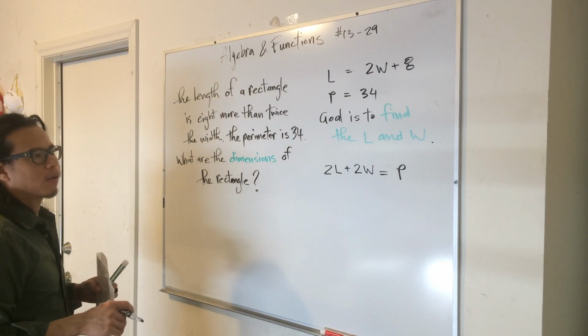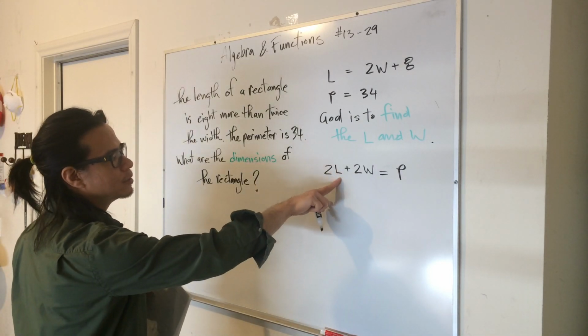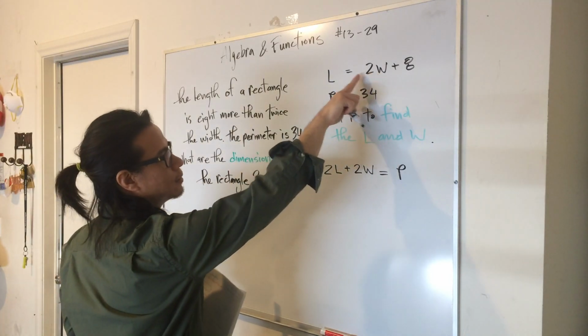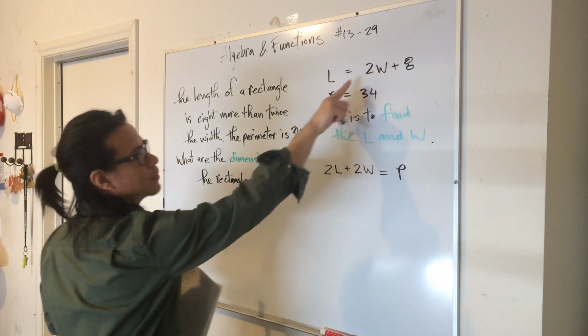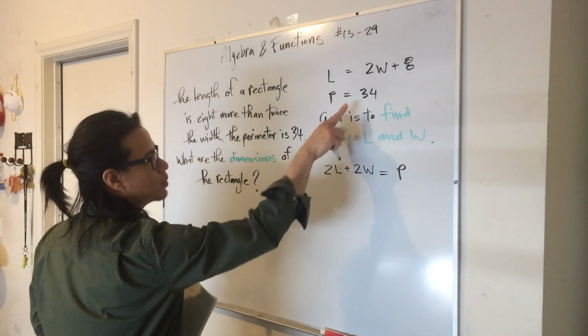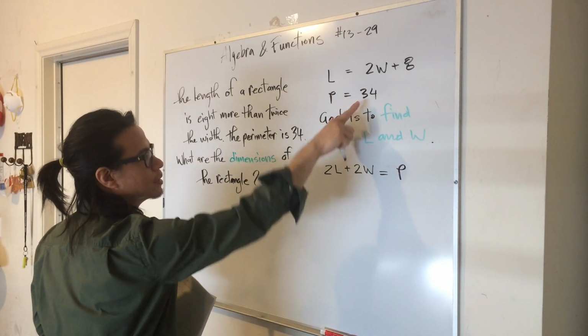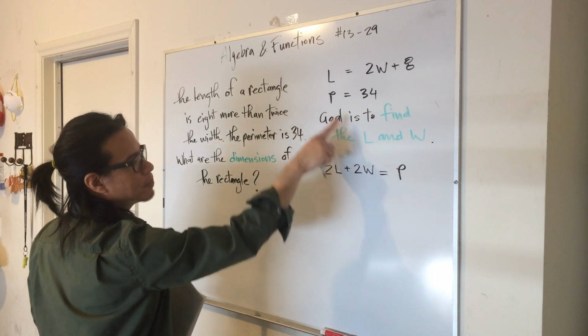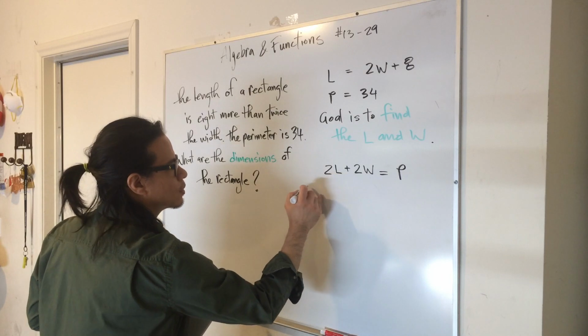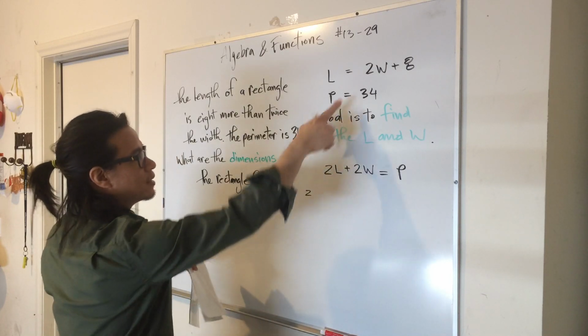Okay, so let's do a little substitution here where we can put in this value for L. Okay, and then we can put this value 34 in for P. Okay, so let's give that a try. Let's take 2 times the length.